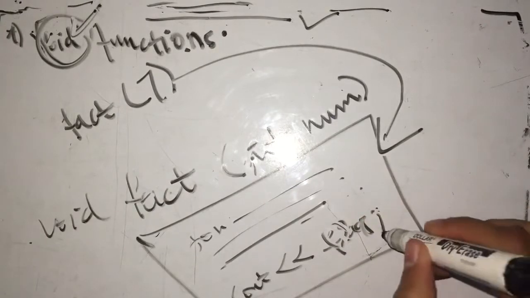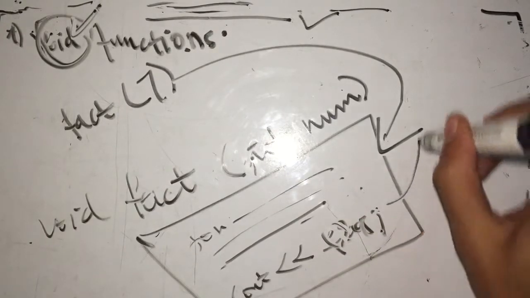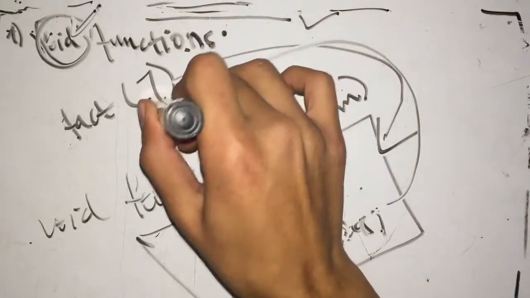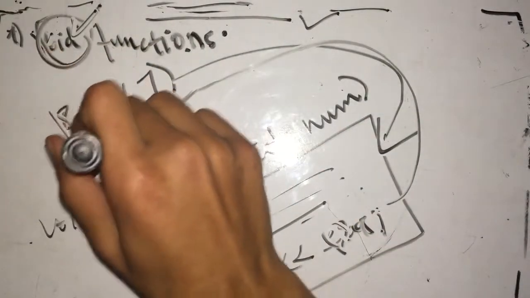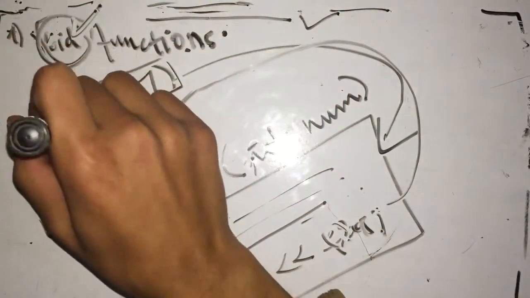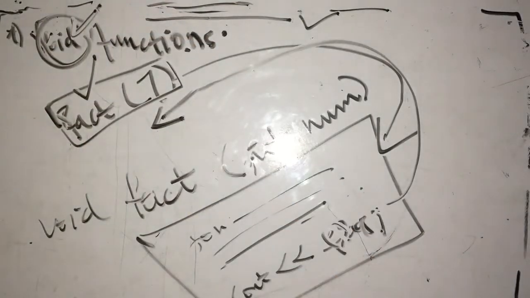After it's done, the control is shifted again to after the function call statement. Nothing is replaced by the function call statement itself. It will just output the factorial.